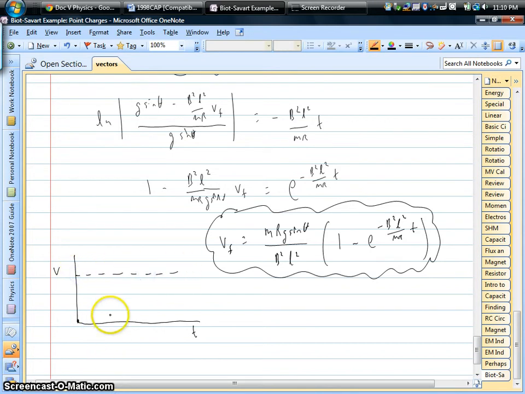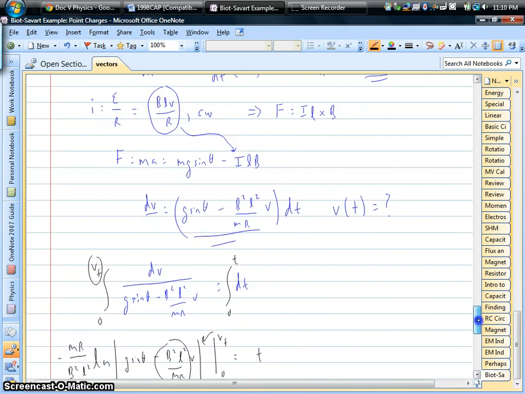As it accelerates down the hill, it reaches a maximum speed as the exponential term approaches 0, where your maximum speed, according to this, is the same as your terminal velocity. It's a constant, and that's that thing up front. That's the terminal velocity.